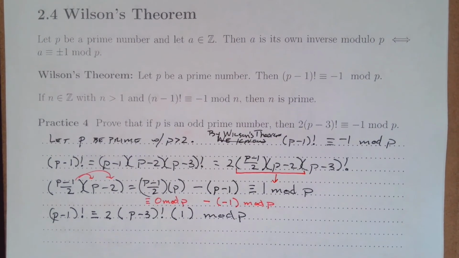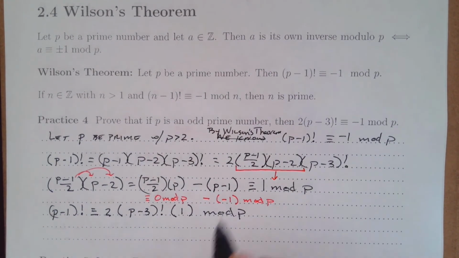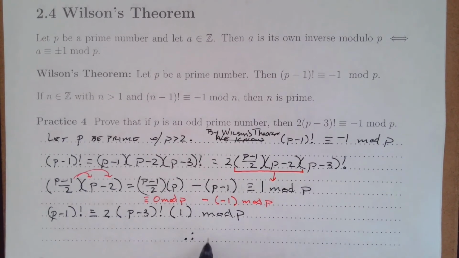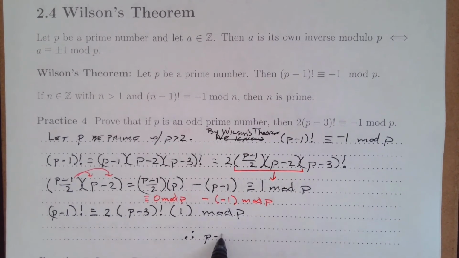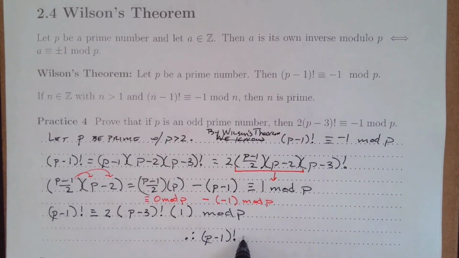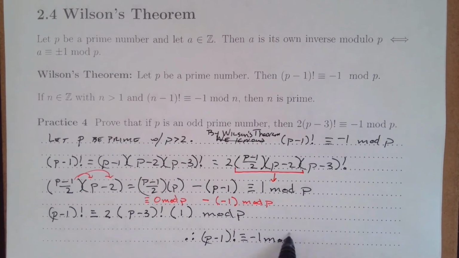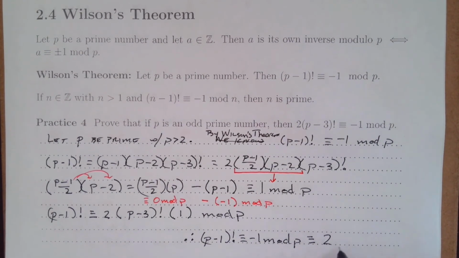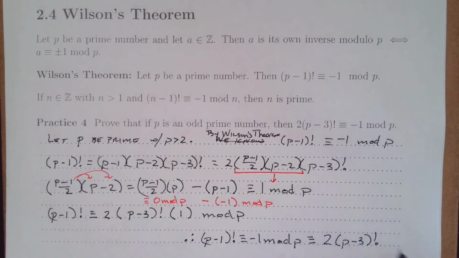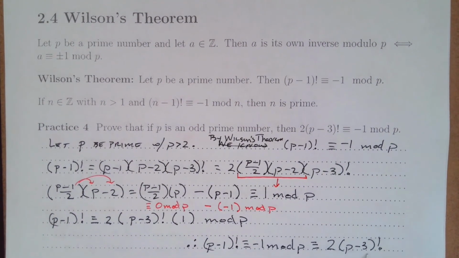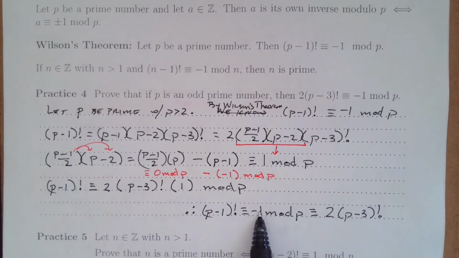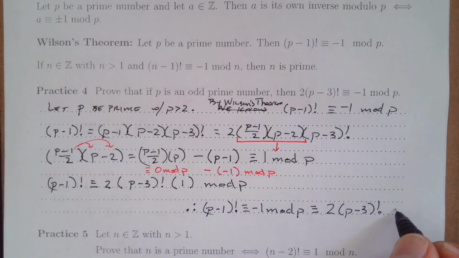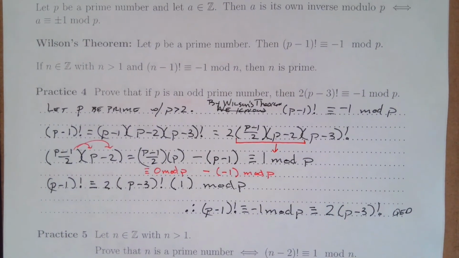Therefore, (p − 1)!, which we know is equivalent to −1 mod p, is equivalent to 2 times (p − 3)!. So 2 times (p − 3)! is equivalent to −1 mod p, and that's what we were trying to prove. Quod erat demonstrandum.